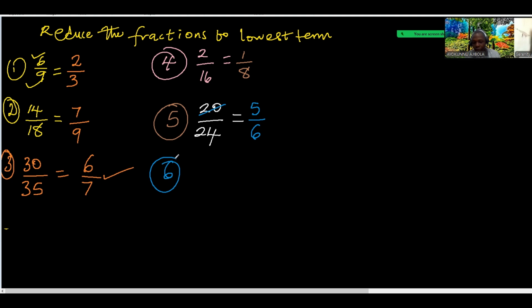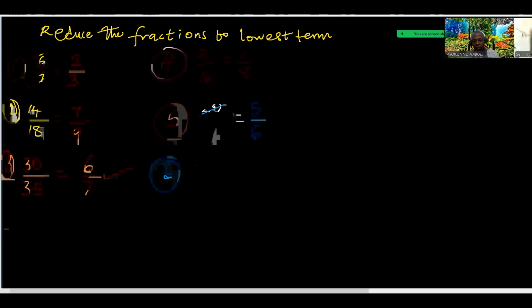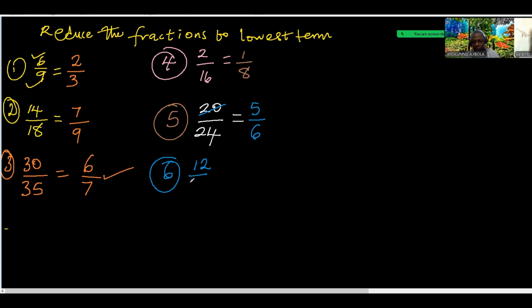So let's assume we have 12 over 40. Can you think about this? 12 over 40. So what should it be? So the denominator will be 10.